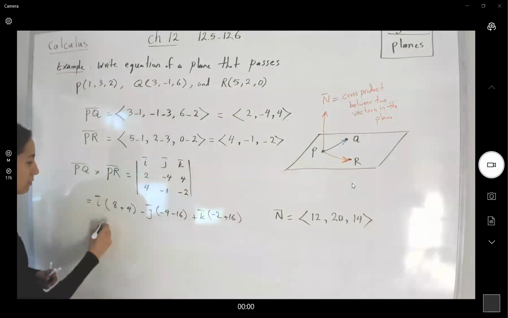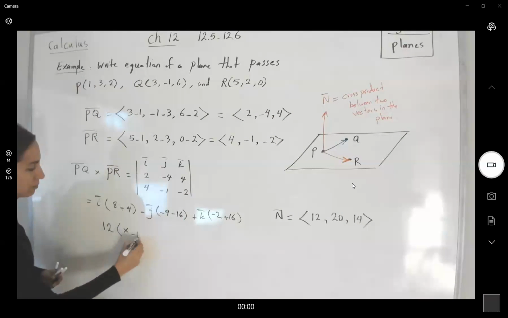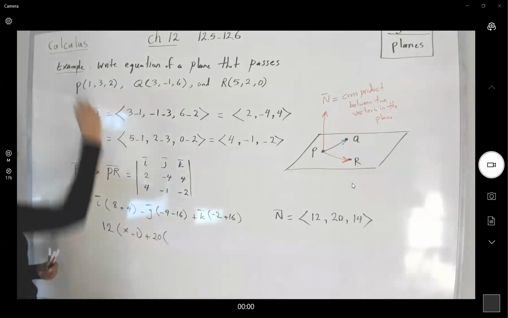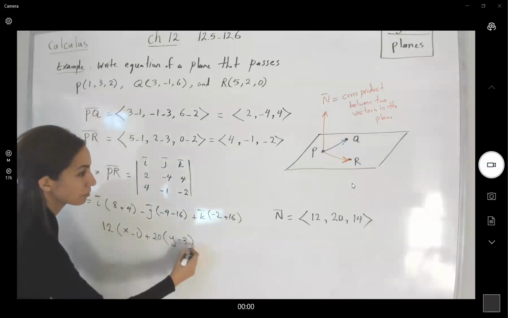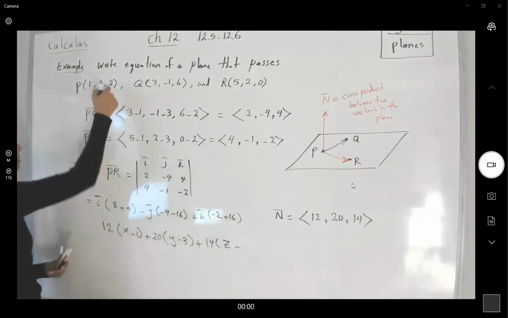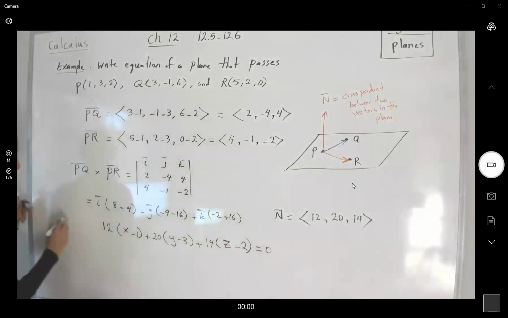So we have 12 times x minus 1 plus 20 times y minus 3 plus 14 times z minus 2. Set it equal to 0 to write the equation of the plane.